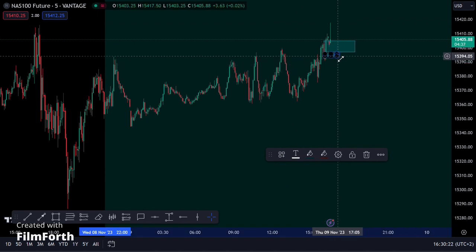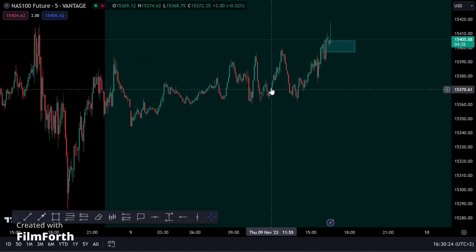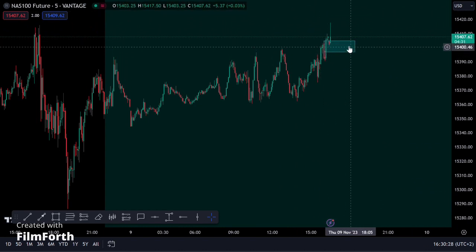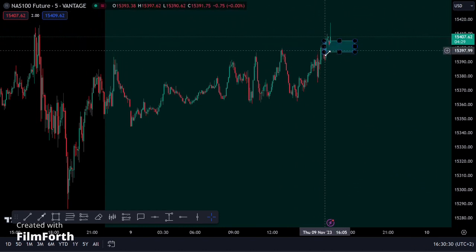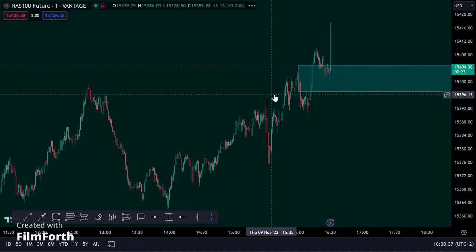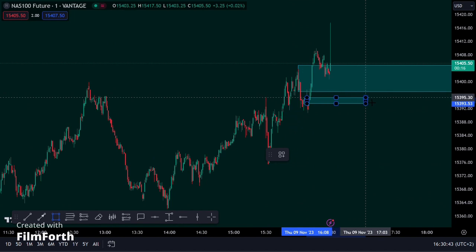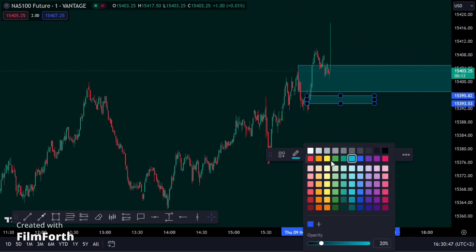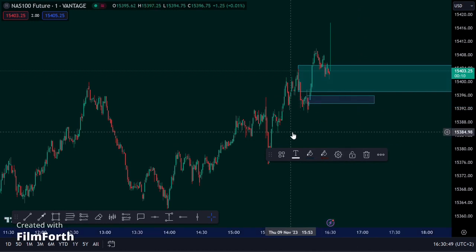So it probably took out the highs and it turned and respected this area. But we need to wait and see how it's going to perform and not ignore that 1 minute area also. Let's put that 1 minute area back. Let me change the color to show that it's 1 minute. This is interesting. Really interesting.